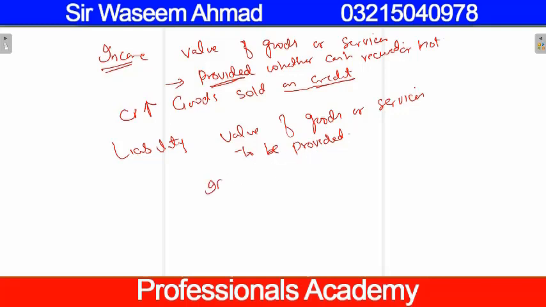If you receive advance from any customer, but you have not provided goods to him, goods have to be provided, so it is not your income, though it will later convert into income, but at the moment it is not your income.